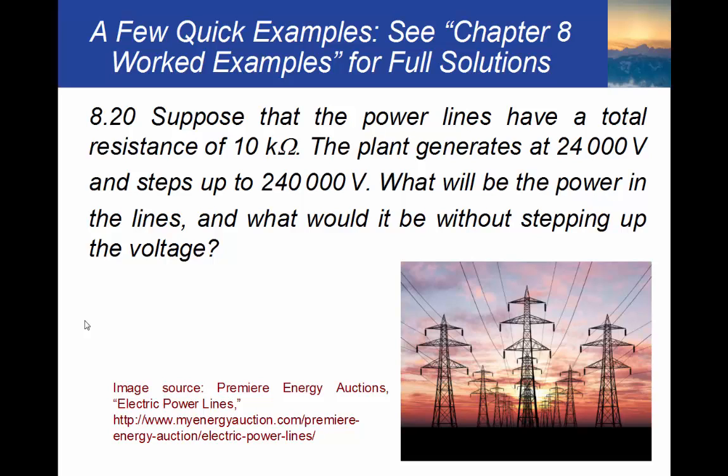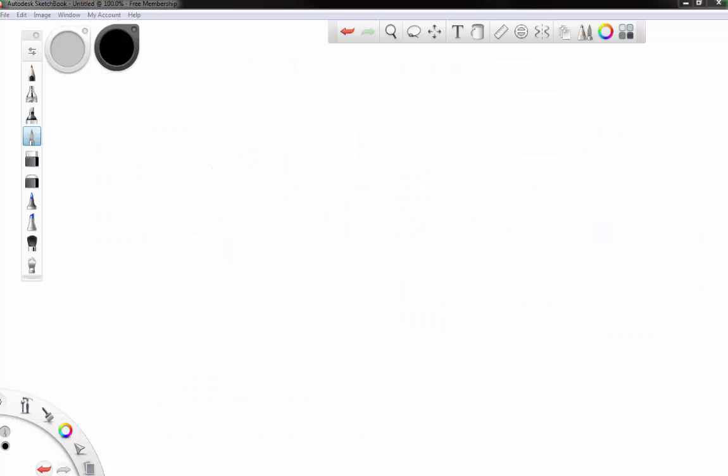Suppose that the power lines have a total resistance of 10 kilo ohms. The plant is again generating 24,000 volts and again stepping up to 240,000 volts. The question here is, what is going to be the power in the lines both with and without the stepping up process? To do that, we use P equals IV.